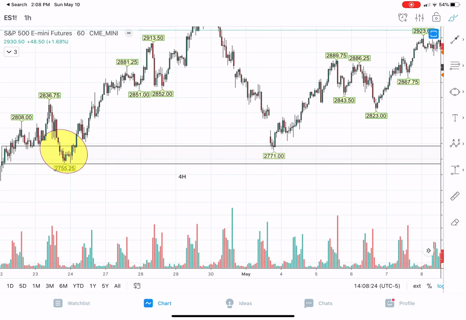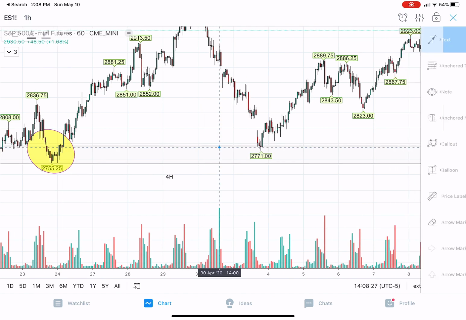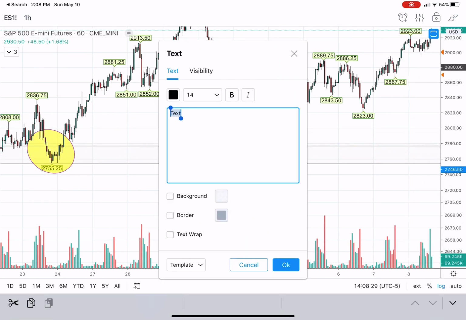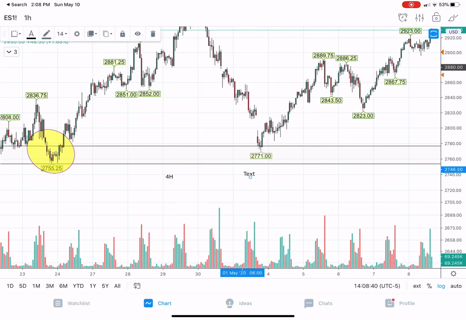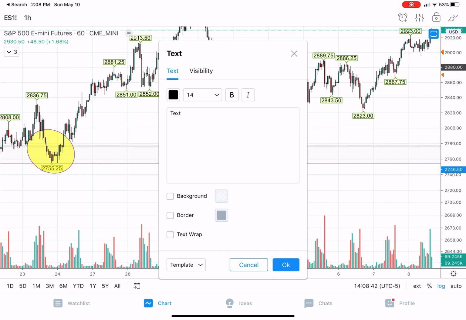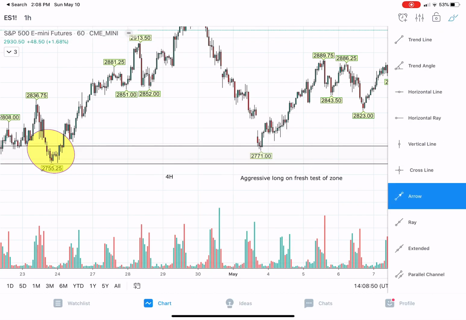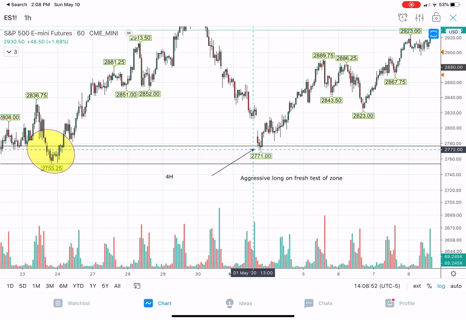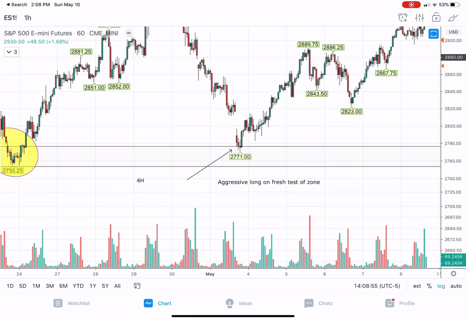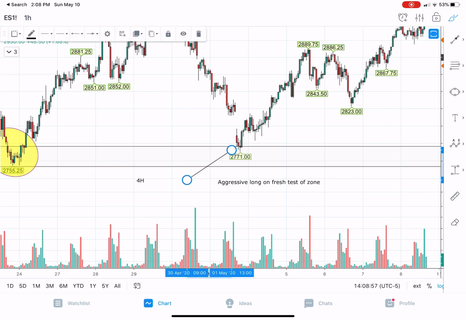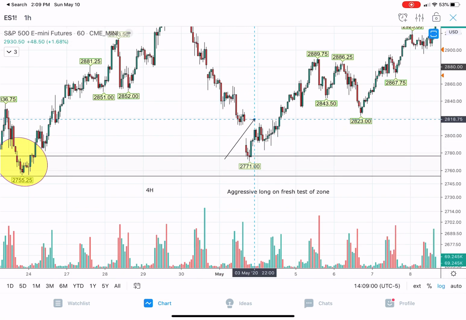So again, guys, here's the 4 hour zone. 2 ways to play this. So you would take an aggressive long on a fresh test of the zone, which would be right here, right there, and you get the move up out of demand, right?